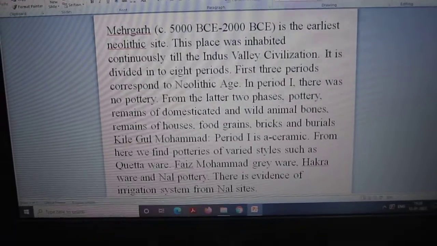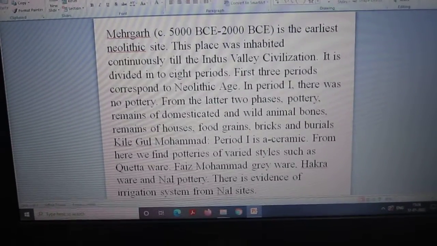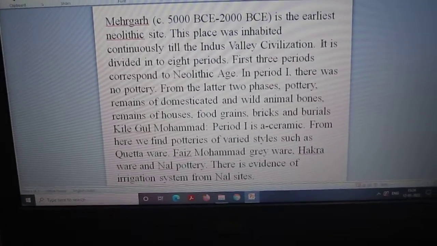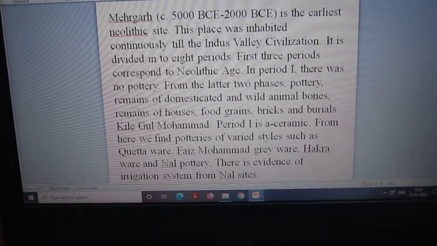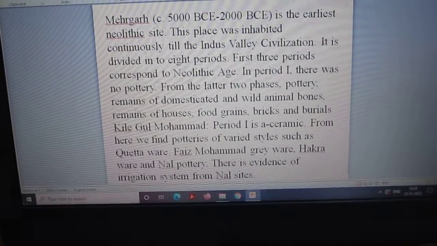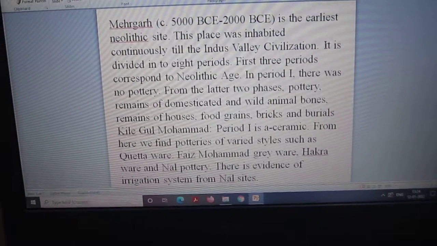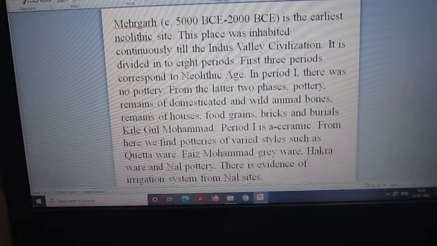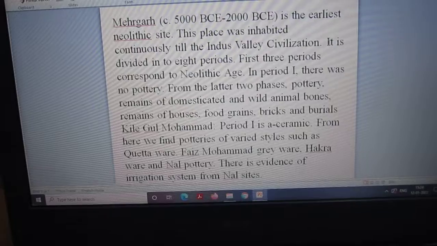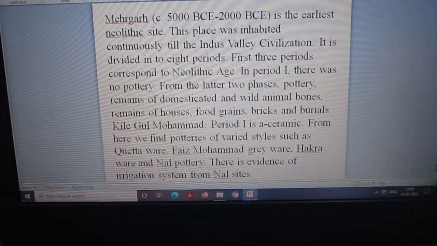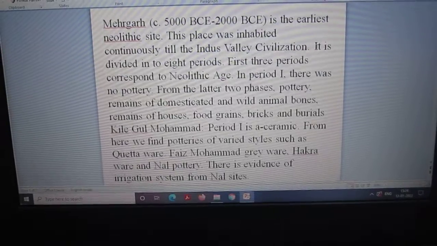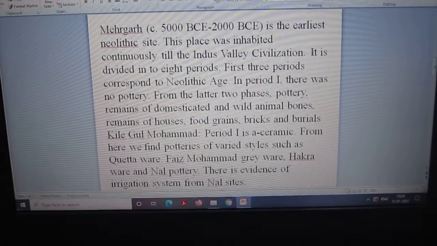Contemporary to Mehergarh and also located in Balochistan is another site, Kilegul Muhammad. It was inhabited by people both in the Neolithic age and in the Chalcolithic age. Here also we see different phases, and just like Mehergarh, Kilegul Muhammad was aceramic in the earliest phase. At the beginning, people did not use pottery here, but in the later phases people started using pottery.